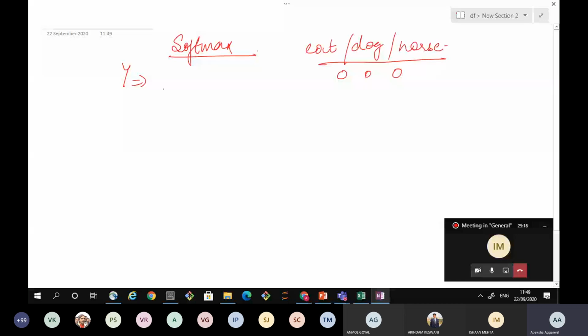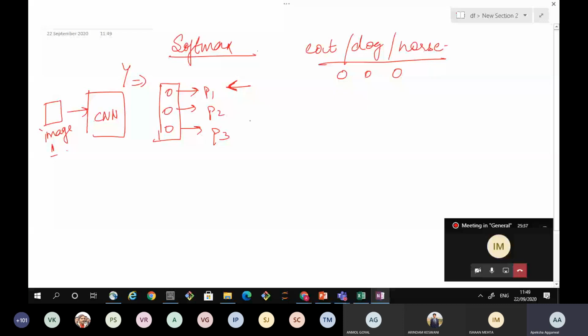In the softmax layer you would have 3 nodes, and the first node gives some probability, the second gives some probability, and the third gives some probability. Now here is your CNN, and you are giving some input image 1. If it's a cat, the probability P1 should be highest. If it's a dog, probability P2 should be highest, and if it's a horse, probability P3 should be highest.